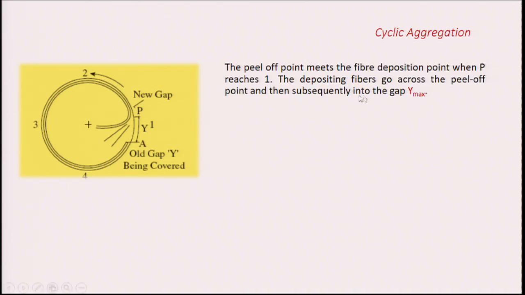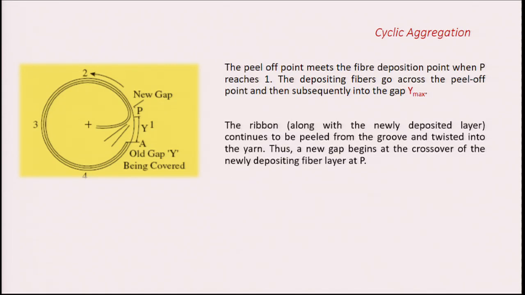So, we see here that y has reached the maximum, and at the same time it has reached the point 1, and also the fiber delivery point is right there. Now, further movement of P will lead to what? The fibers are going to be delivered onto P, and in the gap following P, between P and A. So, that means this gap is going to be filled up.